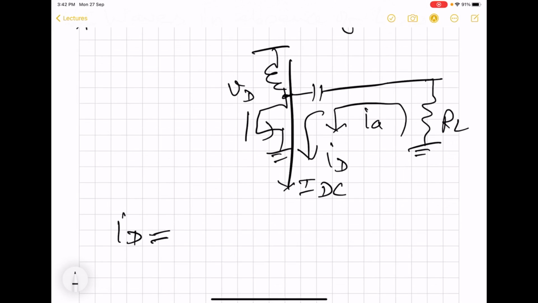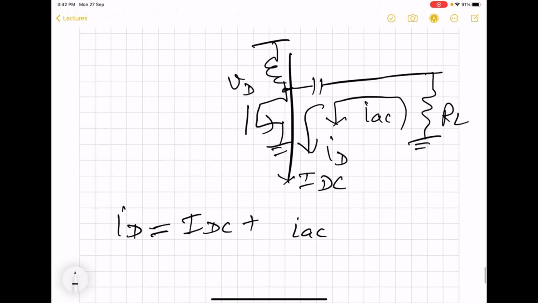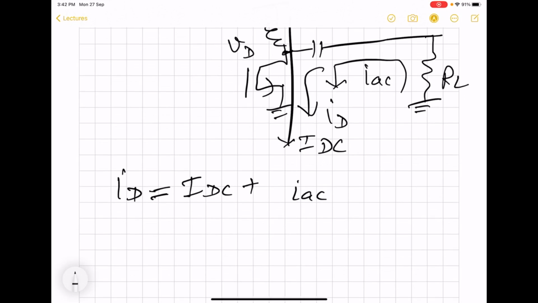So let us say IAC will flow through this, IDC will flow through RFC. So the total drain current now has only two components, DC and AC part. And this AC part, of course, will have the higher harmonics equal to the fundamental and I2, I4, and so forth.